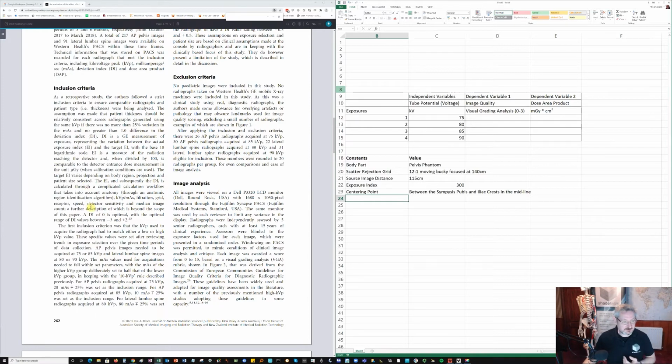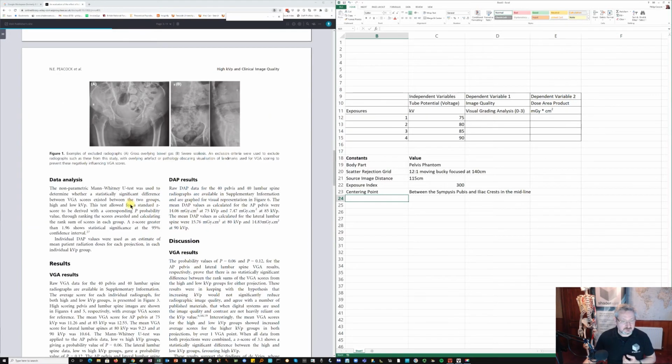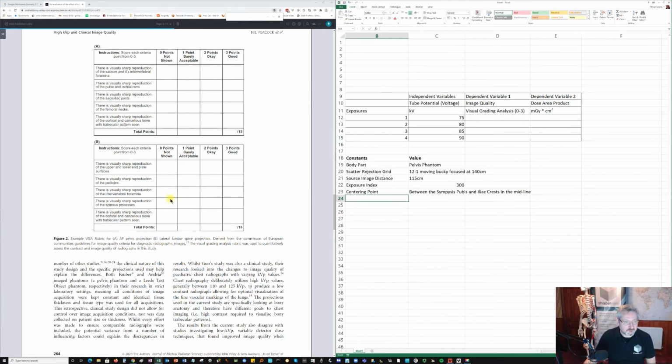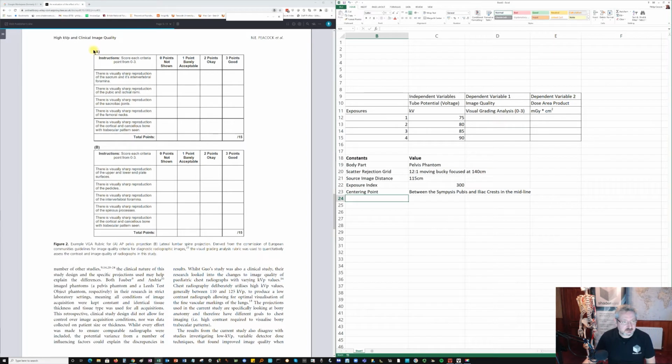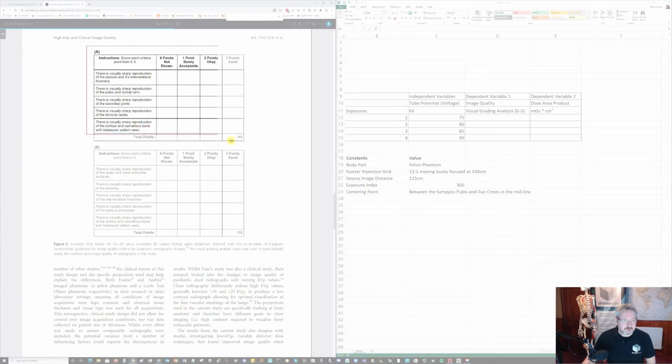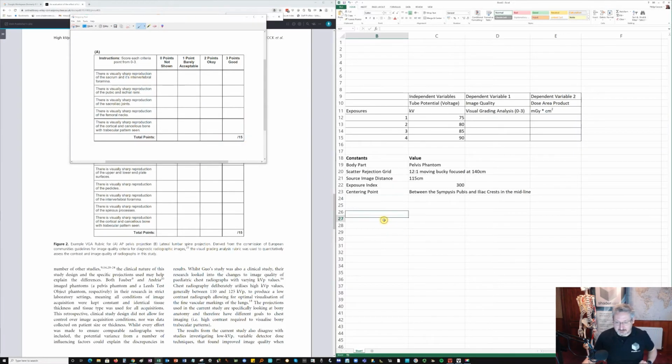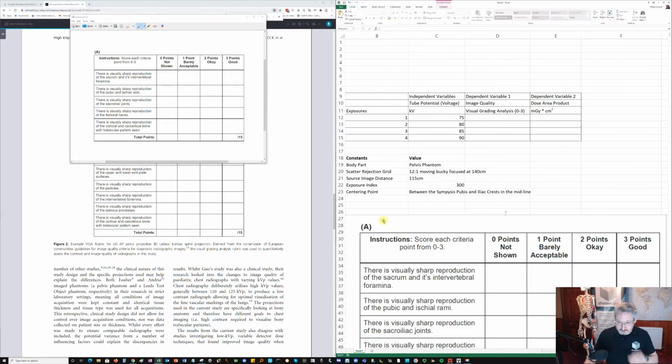We've deconstructed the paper. Now, in terms of our results, we've got a table that we're going to produce our results in. And we've got a score sheet. So let's just take this as a score sheet. What we need to do is I'm going to just grab that. And we'll pop that here for our scores.